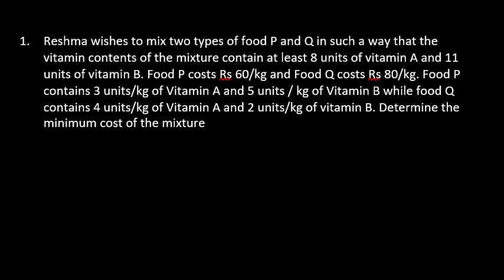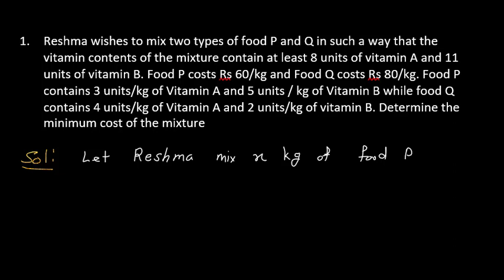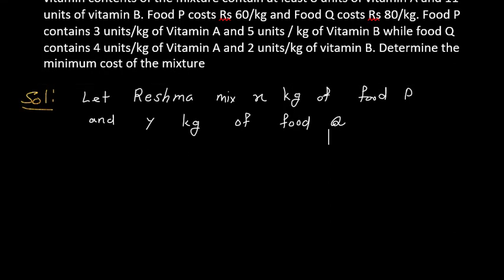So to determine the minimum cost of the mixture, we will say let Reshma mix X kg of food P and Y kg of food Q. So here we have two types of food, P and Q. For P we use X kg, for Q we use Y kg.